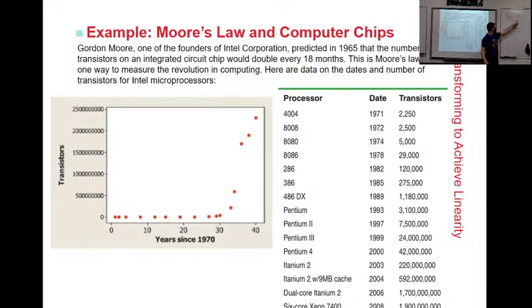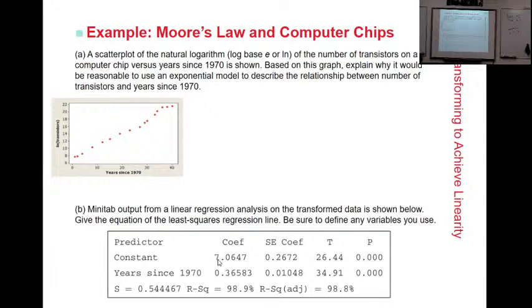So for exponential, like this one, which shows an exponential growth, you would put x still on the x-axis and log of y on the y-axis. And so when that happens, it will make it a straight line.